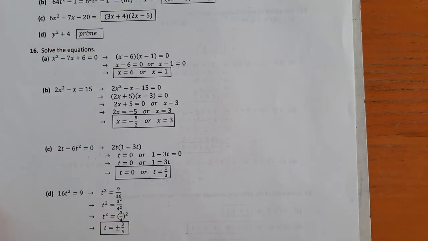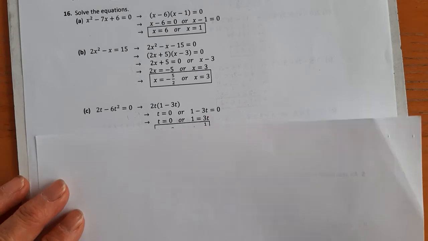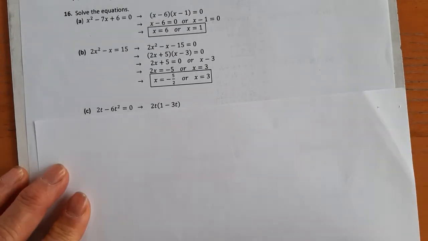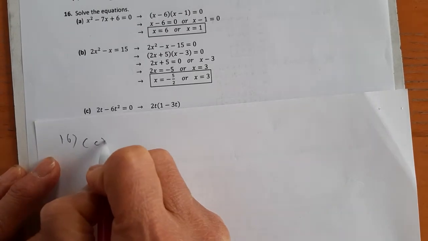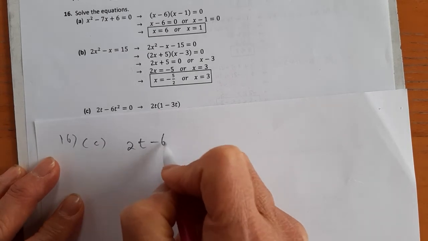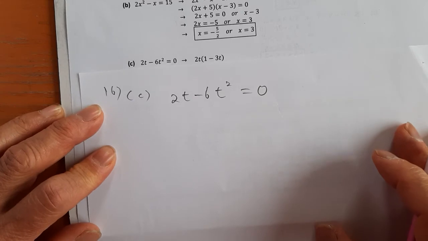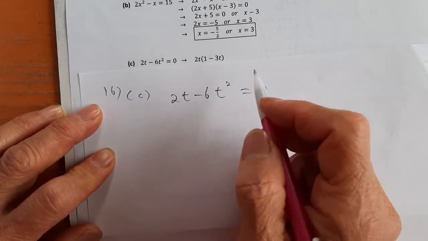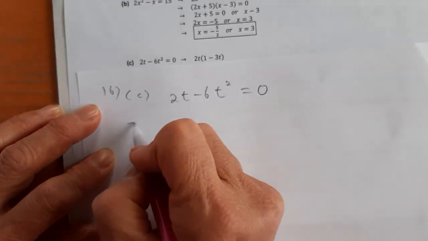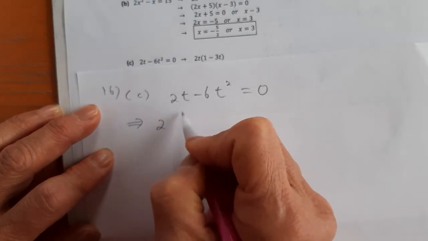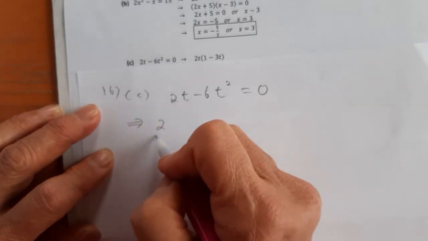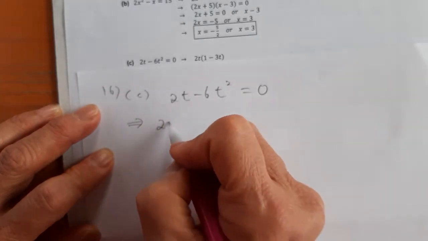The next one, C. 16C is 2t minus 6t squared equals 0. Solve for t. So there's no constant term. Only 2 terms. So you can factor out a common factor. The common factor of 2 and 6 is 2, and of t and t squared is t.